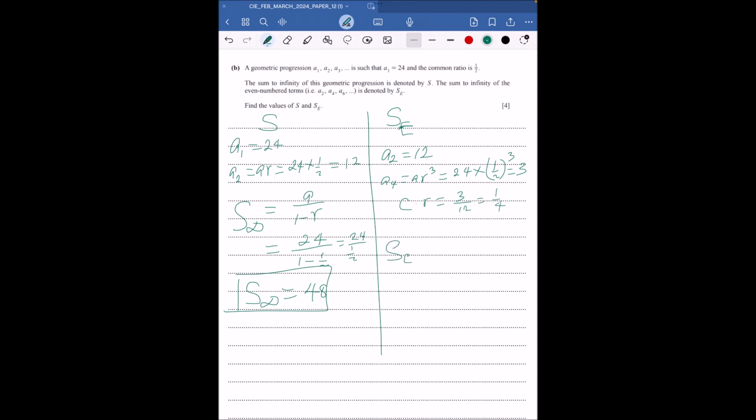So SE infinity: the first term is 12 over 1 minus 1 over 4, so 12 over 3 over 4. So SE infinity is 12 times 4 divided by 3, so 16.